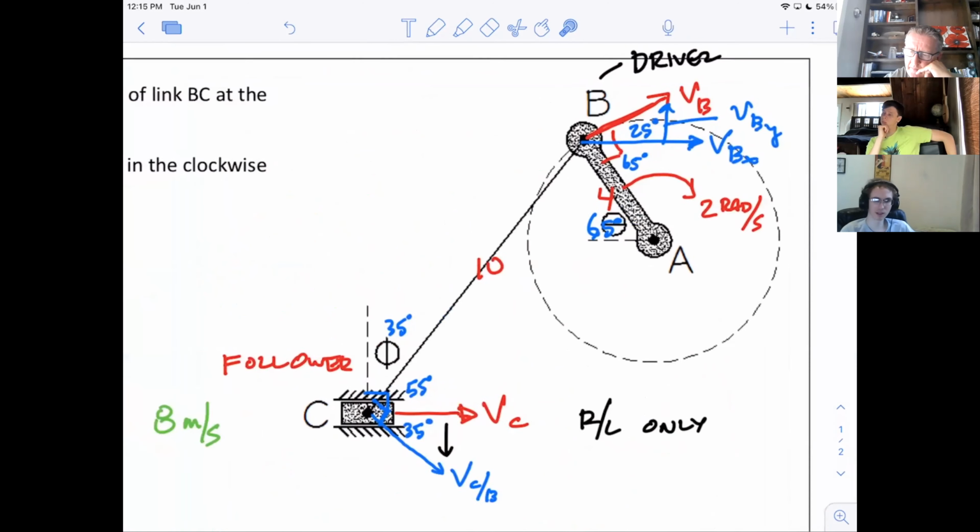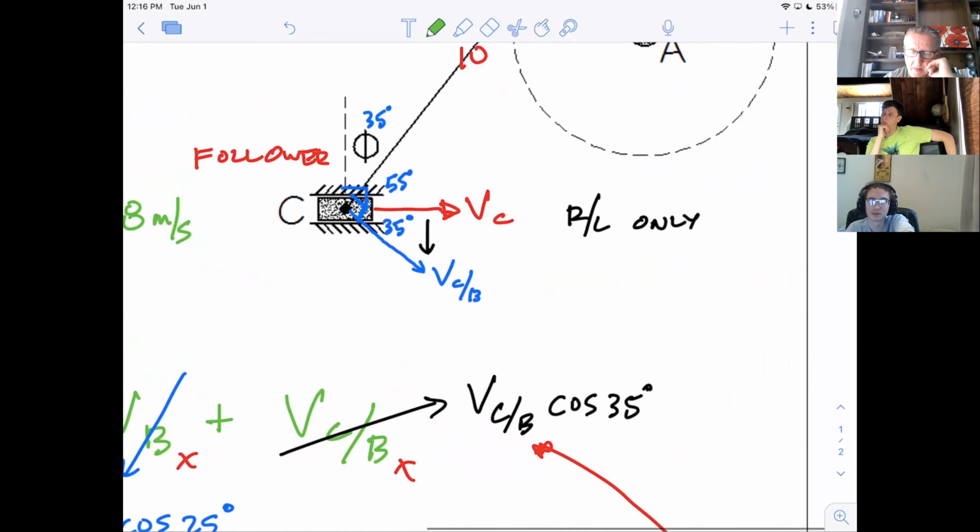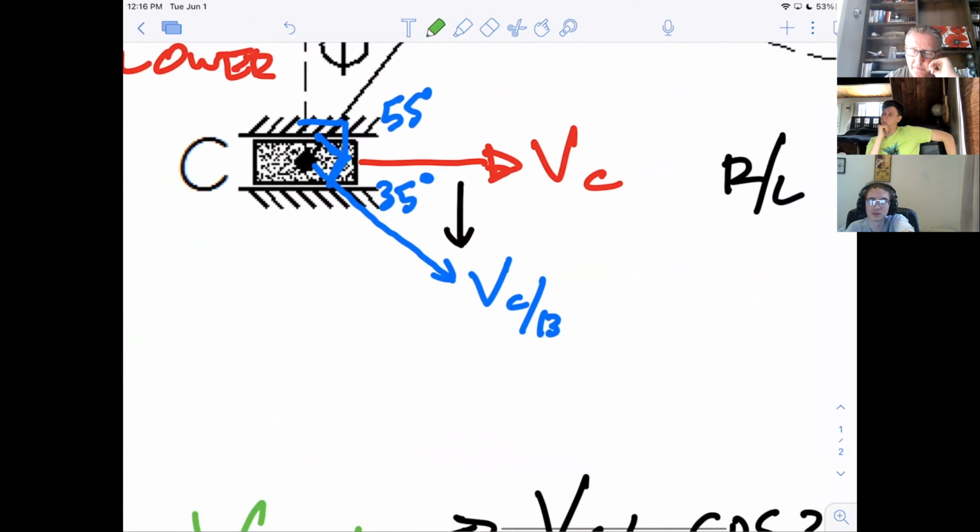So we set up here, I'm just thinking out loud with you here. These certainly would both be positive, right? Because B is pointing uphill to the right. But down here, the right triangle, velocity of C would be positive, but this velocity here would be negative.